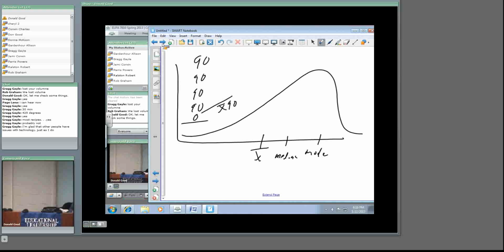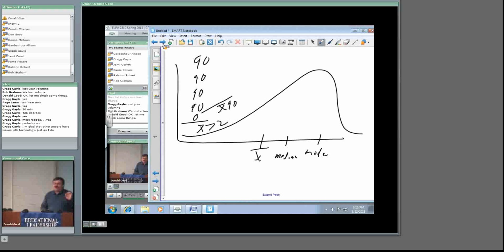What's the mean at this point? 72 is what I was thinking, yeah. So look how that extreme low, that outlier, look what that did to the mean. It pulled it artificially down.